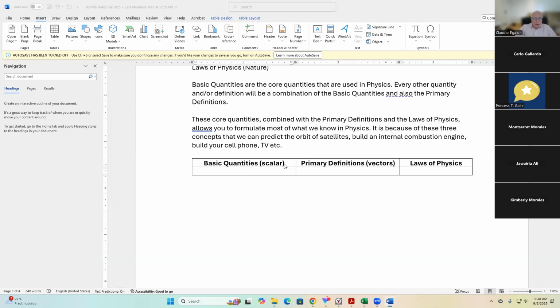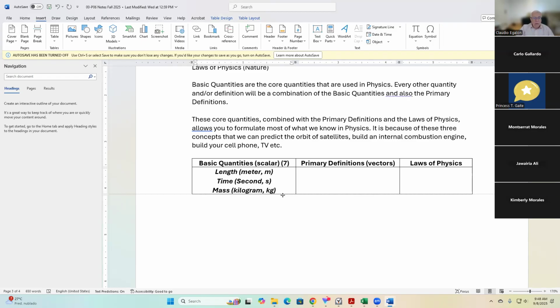There are a total of seven basic quantities, but we are going to start with only three of them. I don't want to overwhelm you. Later on, we're going to talk about the other four. Length is one of them, and it is measured in the International System of Units in meters.